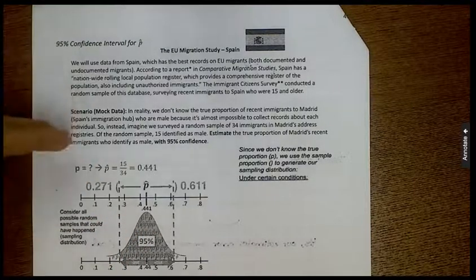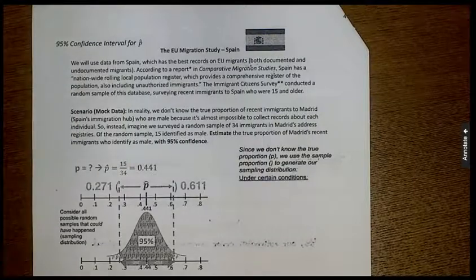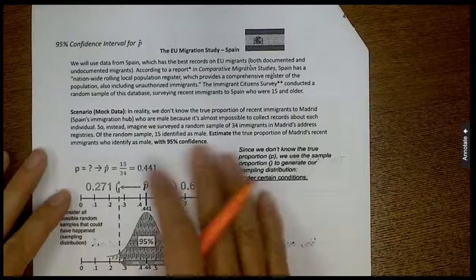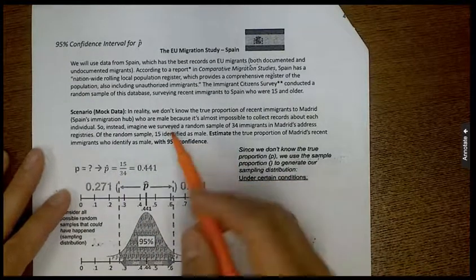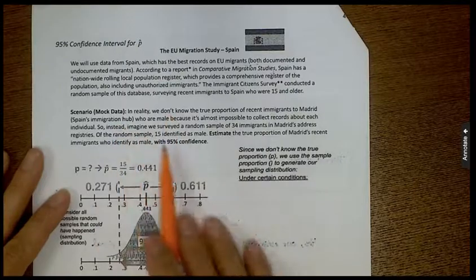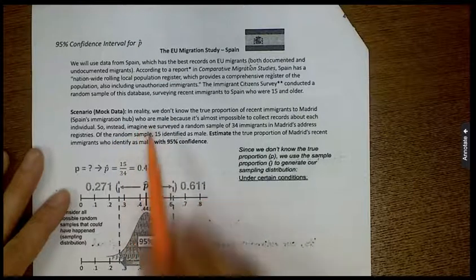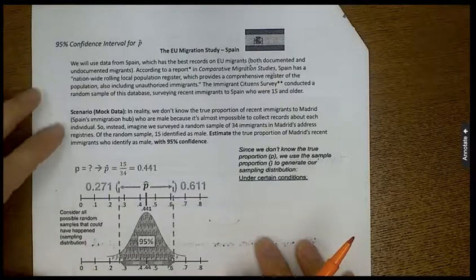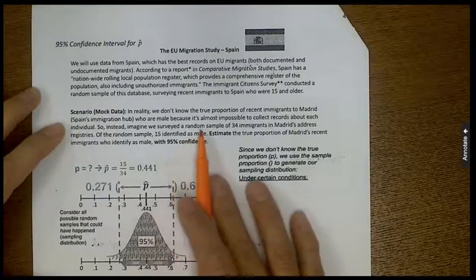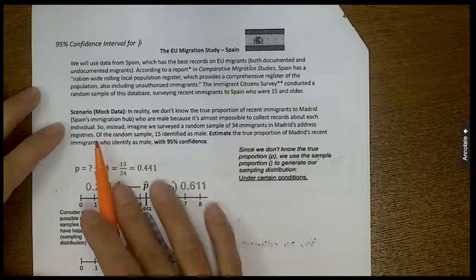But right now we're going to use some mock data, and remember this is mock data. We'll get to the real data in a bit. It says, in reality, we don't know the true proportion of recent immigrants to Madrid who are male, because it's almost impossible to collect records about each individual.